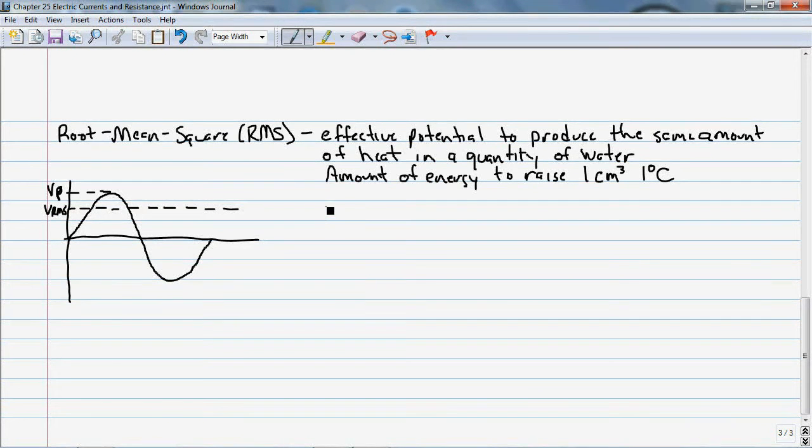So the voltage RMS represents the DC voltage equivalent.